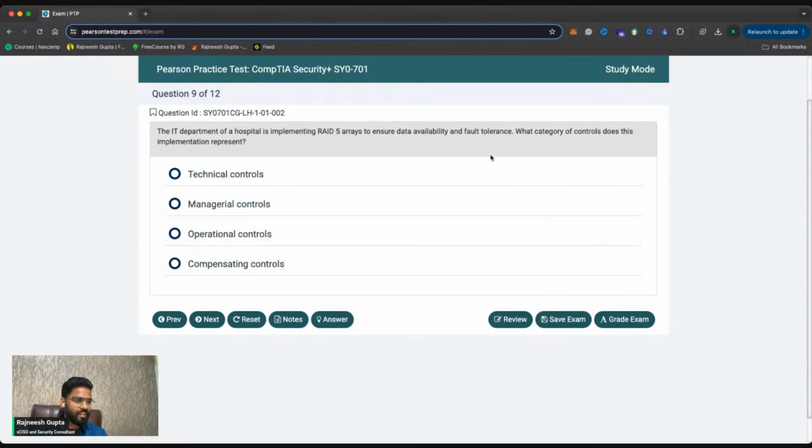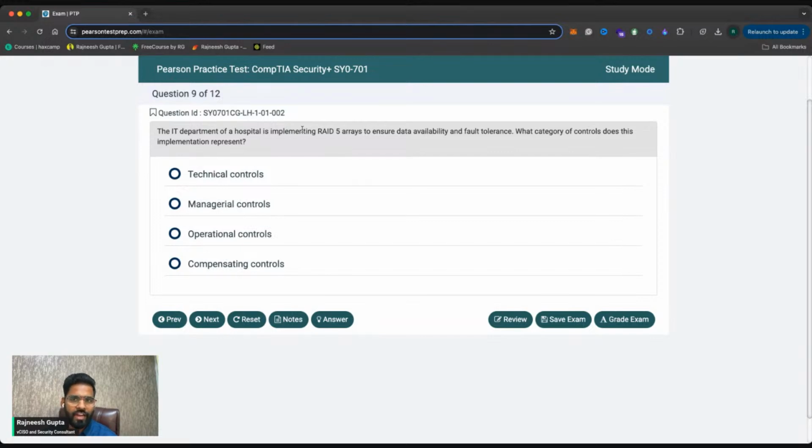Okay, I see a variety of answers here: technical, managerial, operational as well. I think I have to choose one, but definitely it cannot be compensating, right? It cannot be compensating because it's not a workaround. But understand this way: there is no policy. First of all, I see Harish wrote managerial. There is no policy, and no risk management has been done.